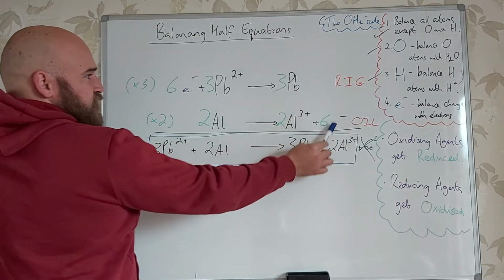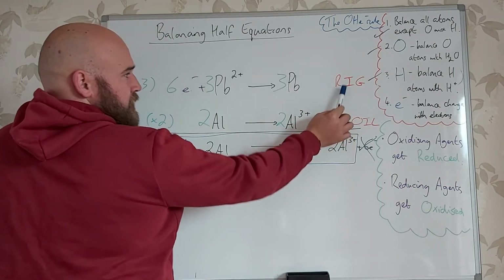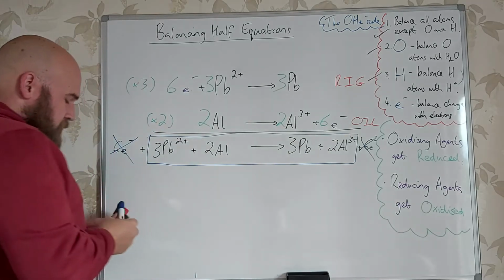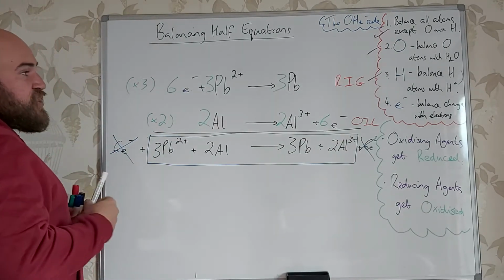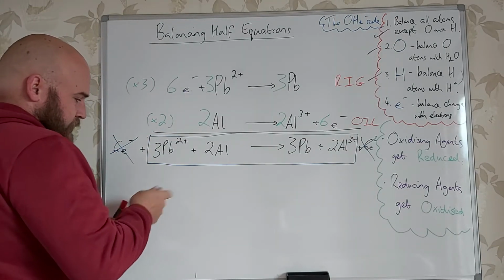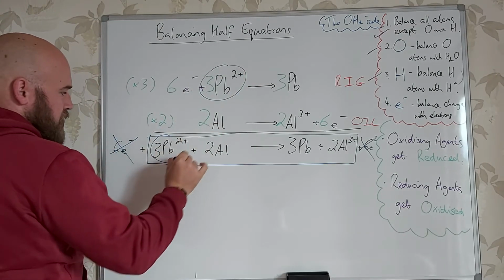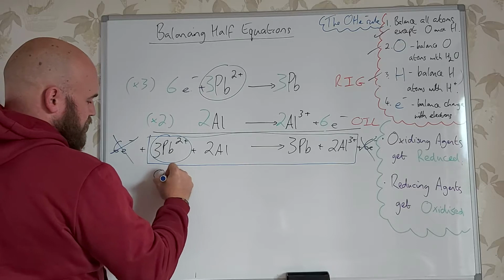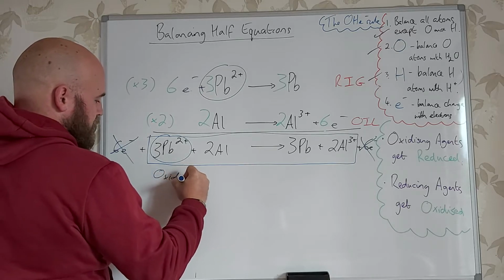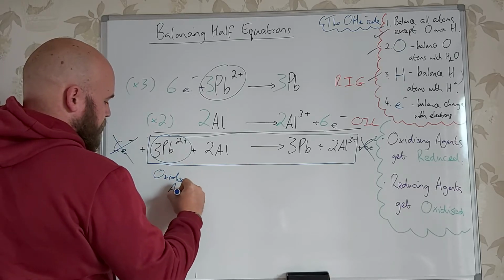So, oxidizing agents get reduced. Well, which of our equations was reduction? Well, it's this one here. So, the thing in the equation which is gaining the electrons is the lead ions. So the lead ions are my oxidizing agent.